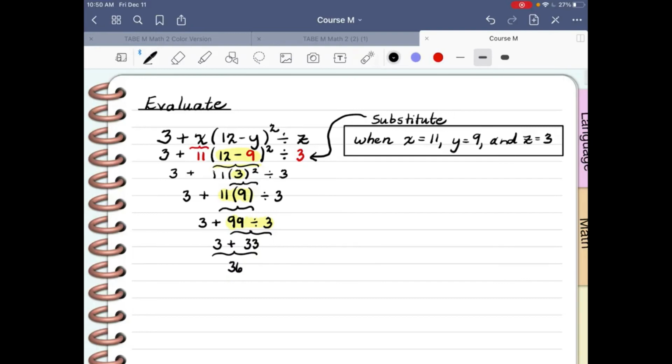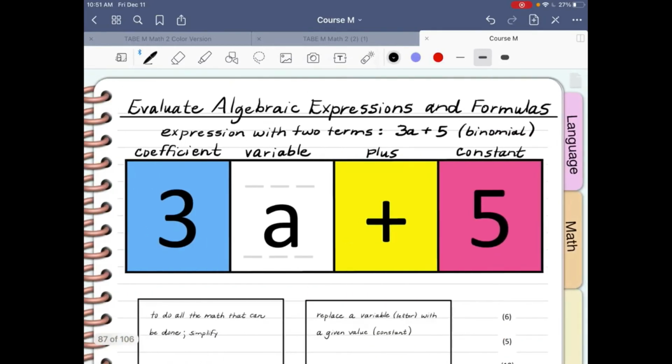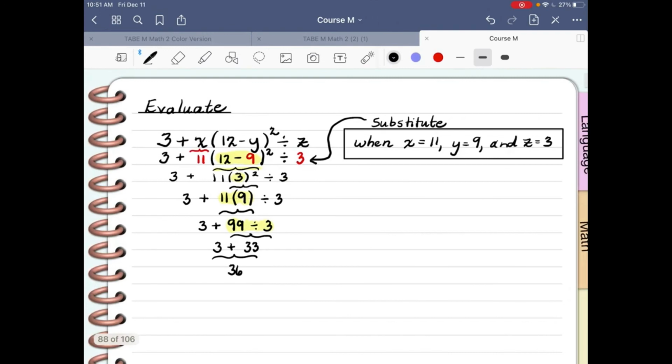But this is quite a bit more to do than this one. This is a pretty basic expression. This one is not. So I wanted to show you some more difficult ones. And here's another one.